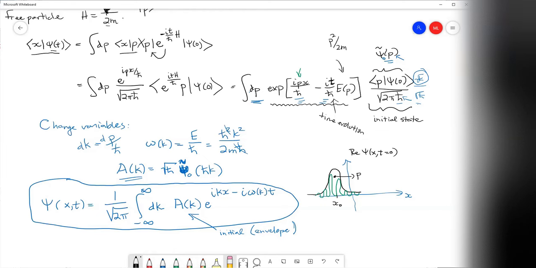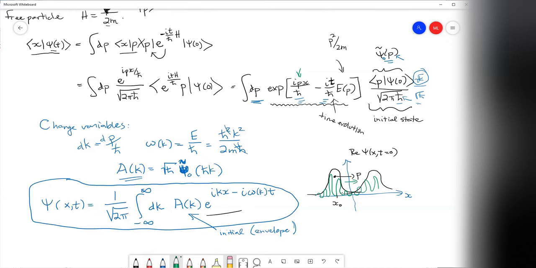And so what should this time evolution do, just intuitively? It should move this wave packet along, and it should continue wiggling, but it should just move over with some velocity related to the initial momentum. It should be the momentum divided by m.